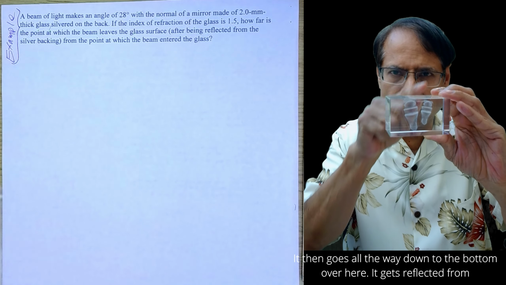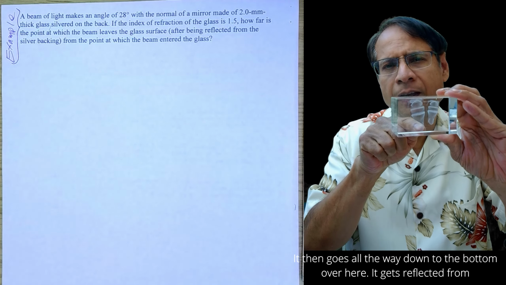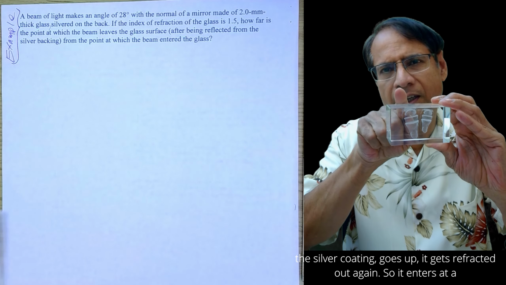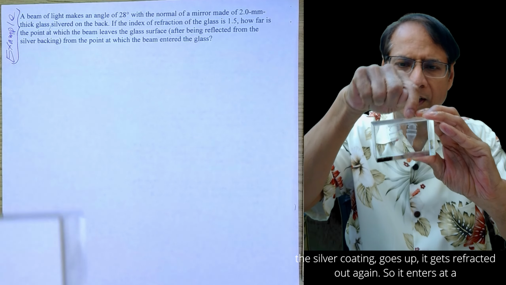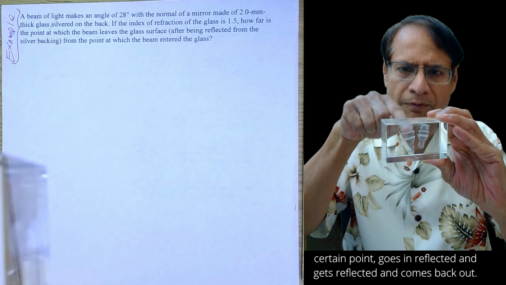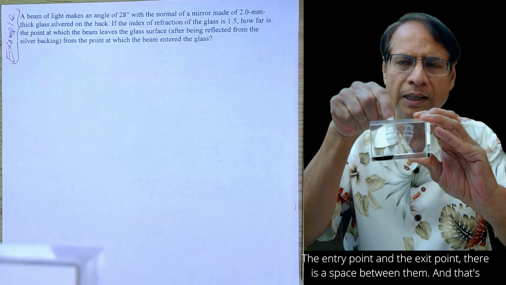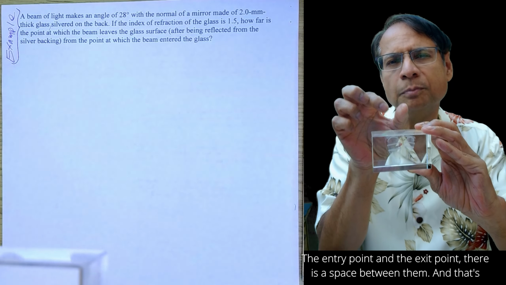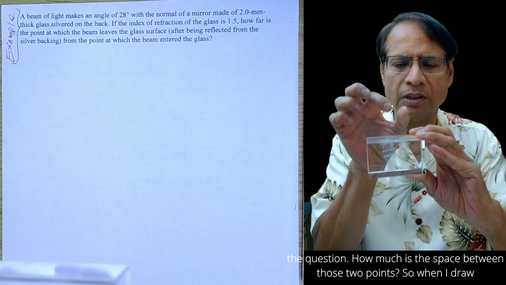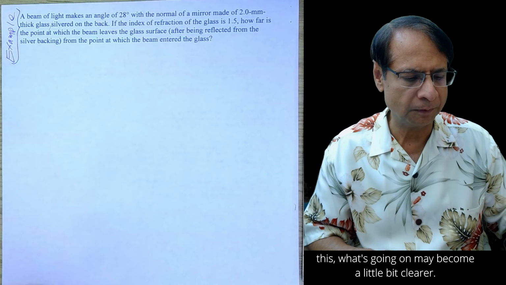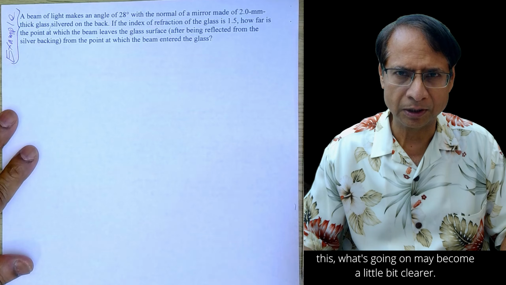It then goes all the way down to the bottom over here. It gets reflected from the silvery coating, goes up, and gets refracted out again. So it enters at a certain point, goes in, gets reflected and comes back out. The entry point and the exit point, there is a space between them. And that's the question. How much is the space between those 2 points? When I draw this, what's going on may become a little bit clearer.